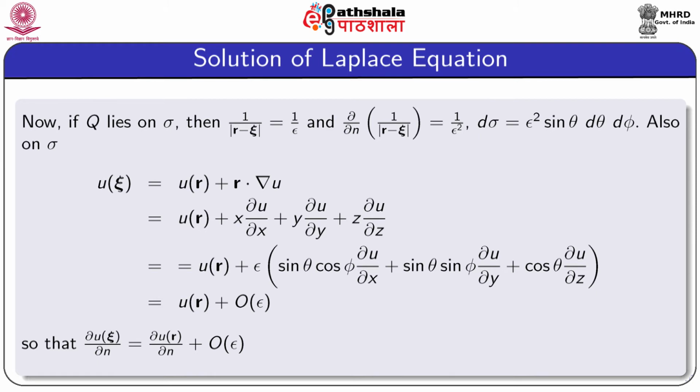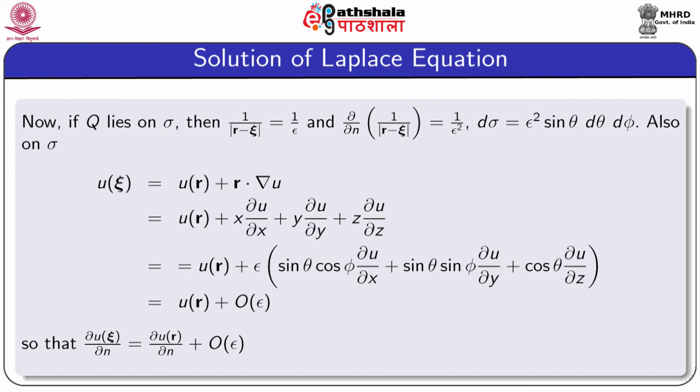Also, a surface element on sigma can be written as d sigma equals epsilon square sin theta d theta d phi. Therefore, on sigma we can write u(xi) is equal to u(r) plus r dot grad u. So, that equals u(r) plus x del u del x plus y del u del y plus z del u del z. So, if we substitute the values of x, y, z here, it takes the form which you can see here.